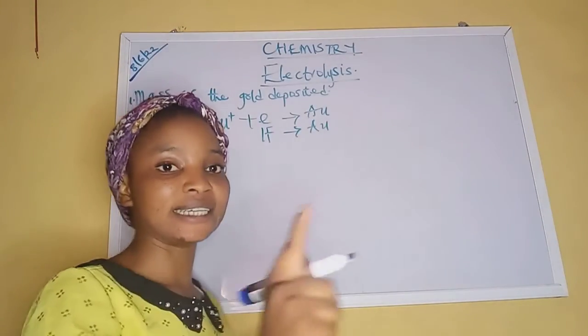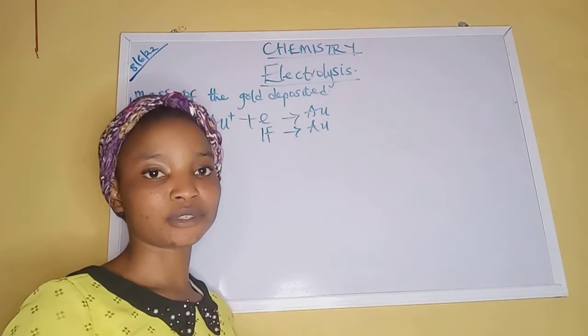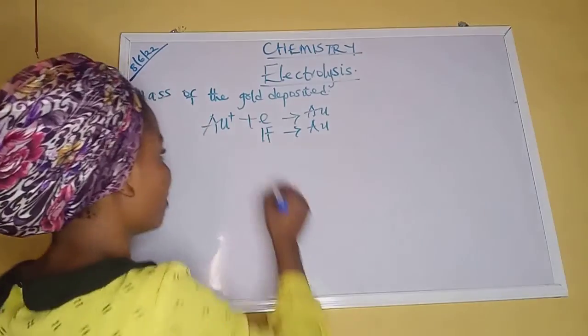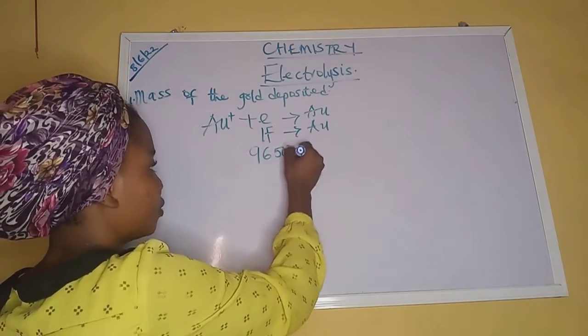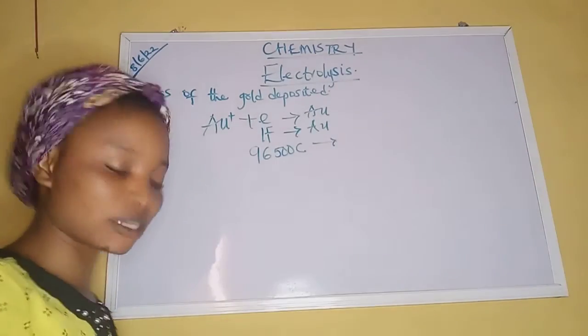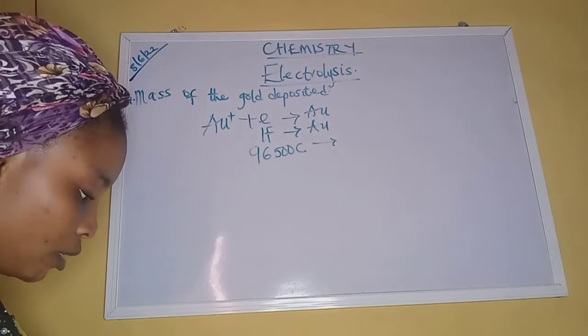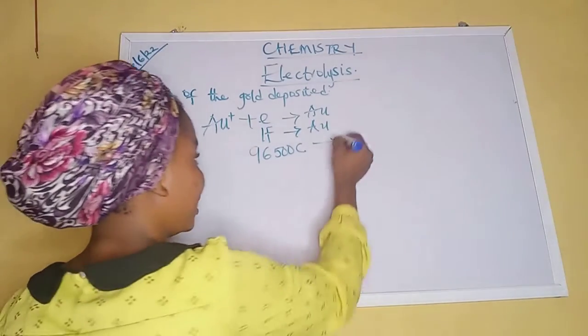And 1 Faraday is 96,500 coulombs of electricity. Therefore, 96,500 coulombs will give us, then you find the molar mass of your gold. The molar mass of your gold as given in that question is 197.